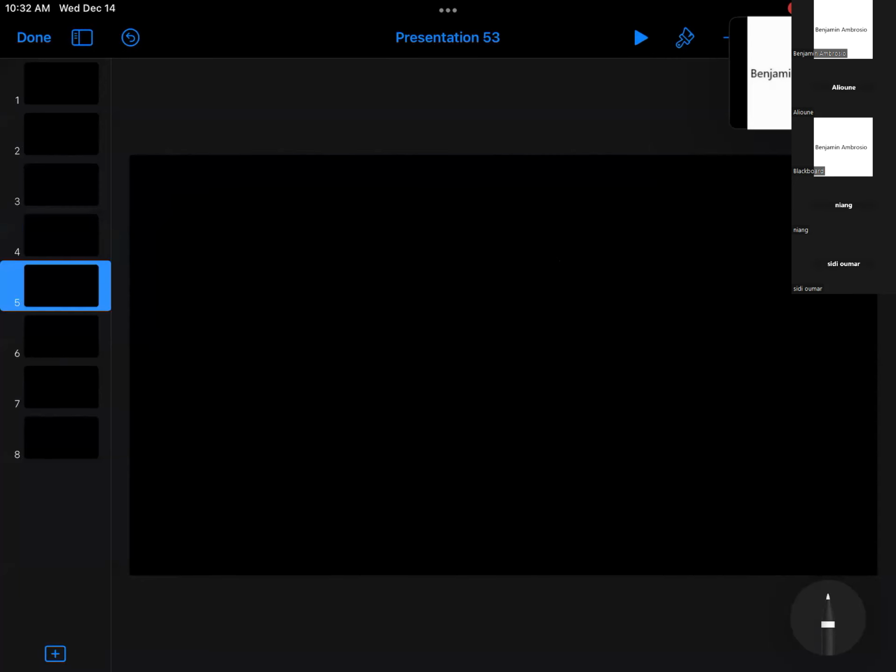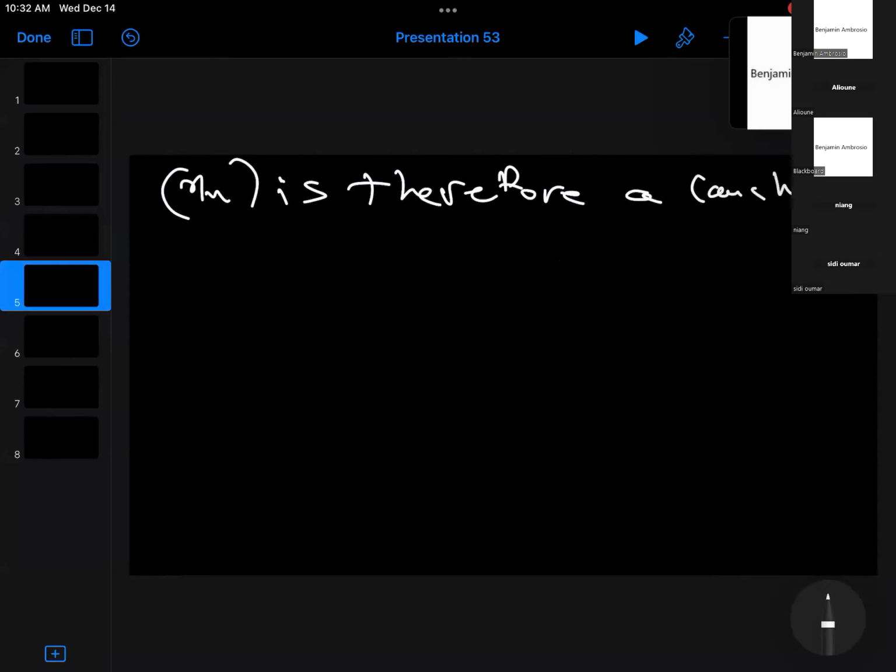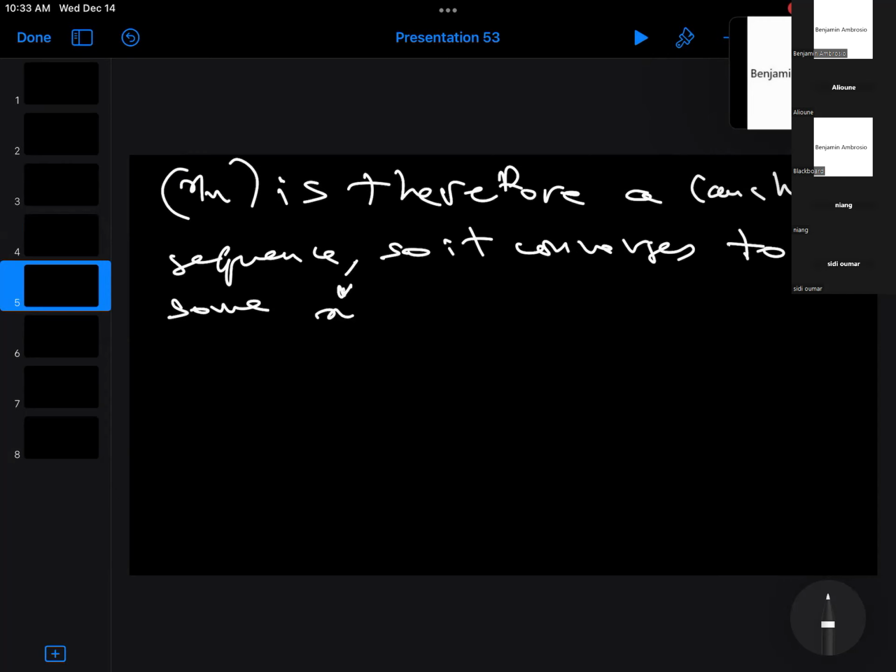So x_n is therefore a Cauchy sequence, so it converges because X is complete to some, let's say, x star in X.